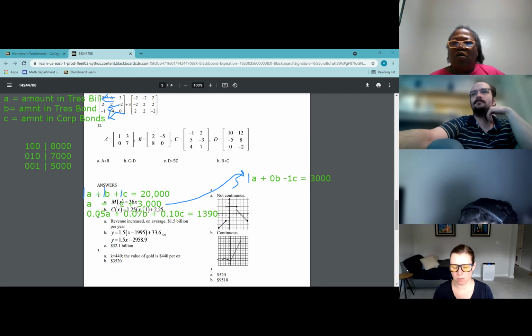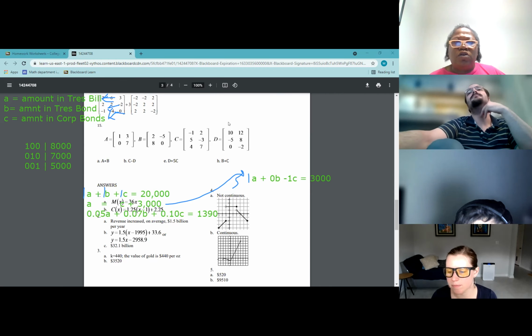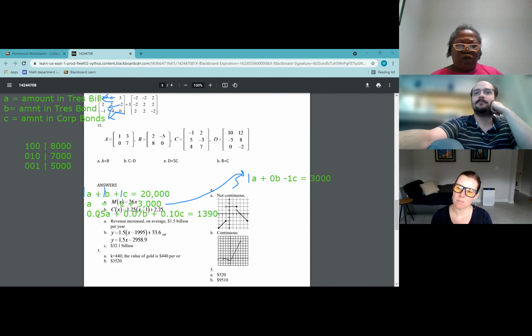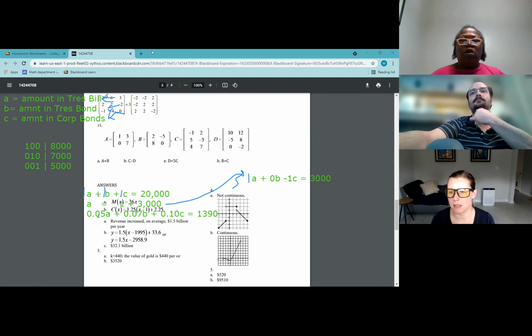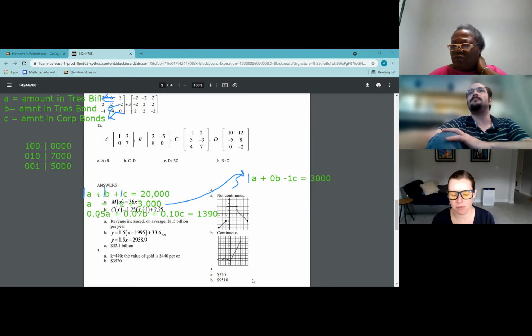Yes, 6.4B corrections are due tonight, and 6.5 is due tonight, and there was no graded problem on 6.5. It was only the textbook stuff that we did in class.